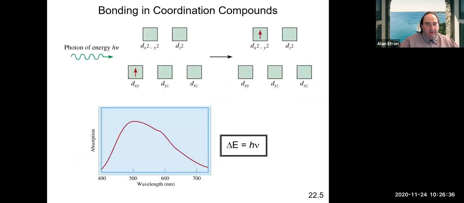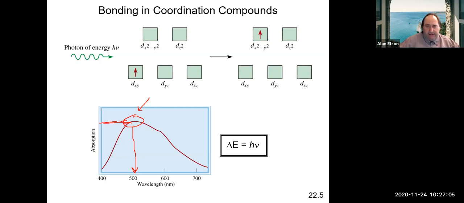So as I mentioned before, we can excite an electron by shooting some energy at it. And that's basically the idea here of our absorbance. We hit maximum absorbance at a specific wavelength. This is why we often set our spectrometer to a specific wavelength that corresponds to where we see maximum absorbance.